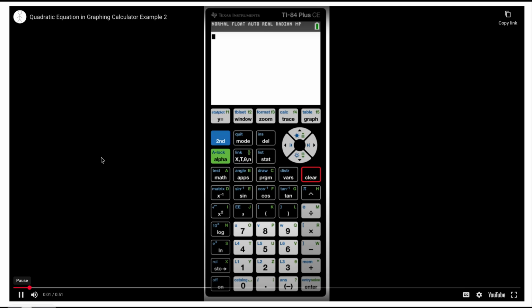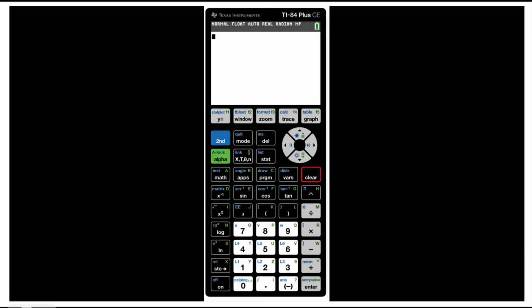Okay, now let's solve this quadratic formula for the minus. So it's plus or minus, so now we're going to do the minus option. So we have negative 6 minus the square root, open parentheses.